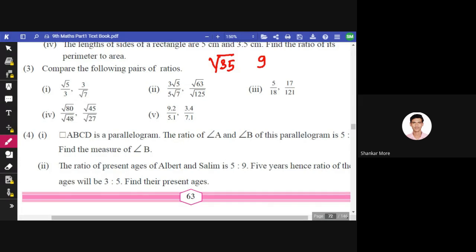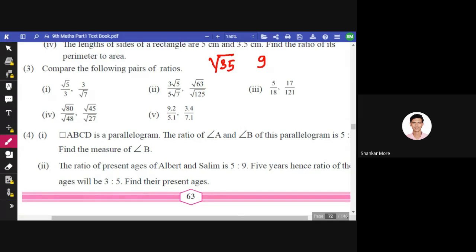So which one is greater? Under root 35, which one is greater? Obviously 9 is greater. How? Because here it is 35. Suppose here it had been 36. If it was 36, what would it be? It would have been 6. Under root 36 is 6 only. So 6 is smaller than 9. So the second number is greater. That's why the second ratio is greater.